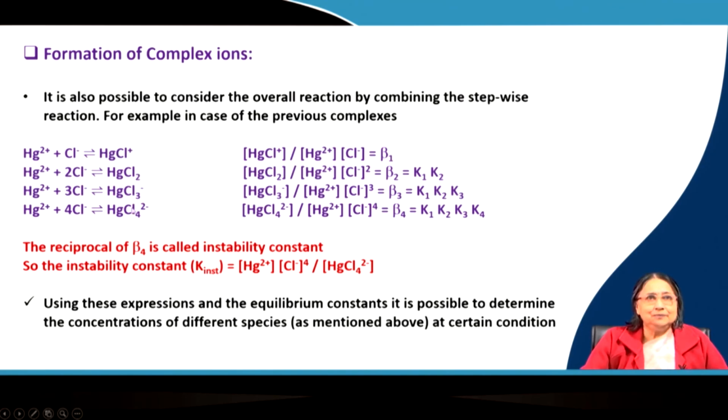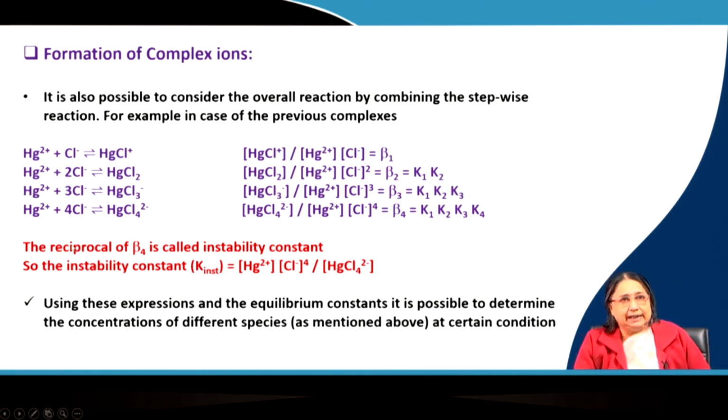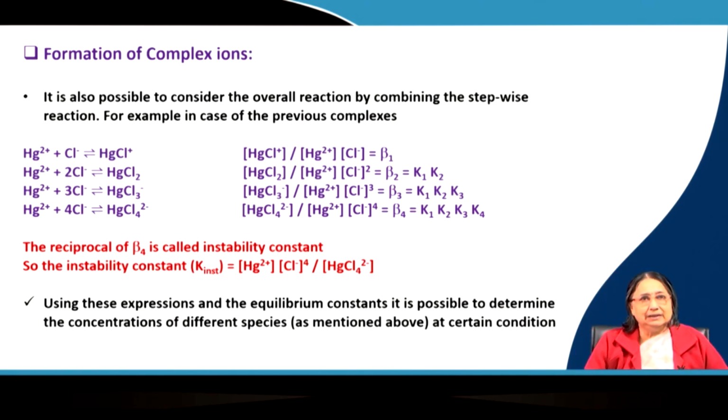Now, here all are combined. In that case, these are the equilibrium expressions we can write, and we can write the beta term. In the previous case we have written K1, K2 in this way, here it is the beta way because it is the formation constant, or stability constant. Okay.